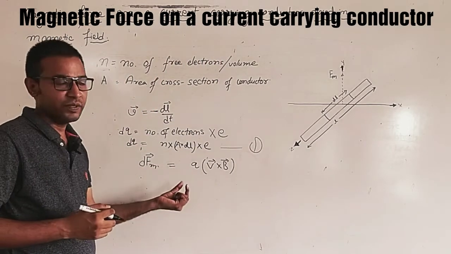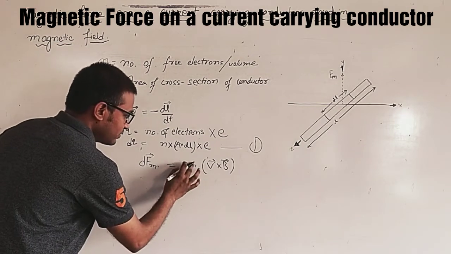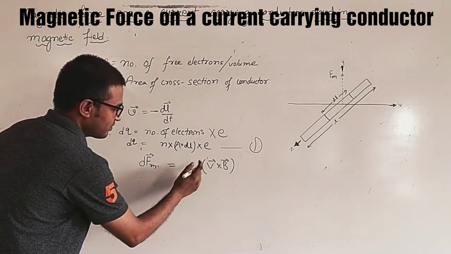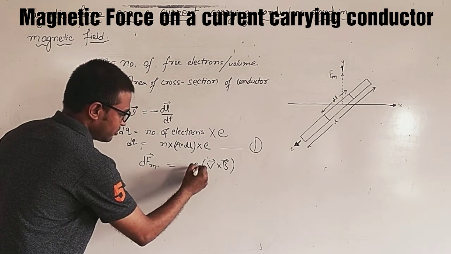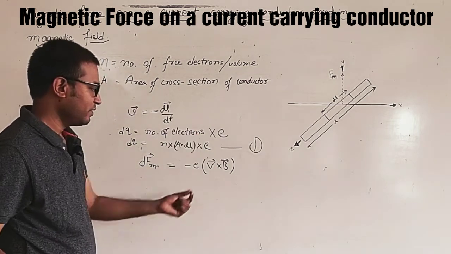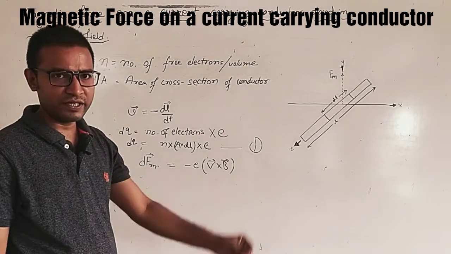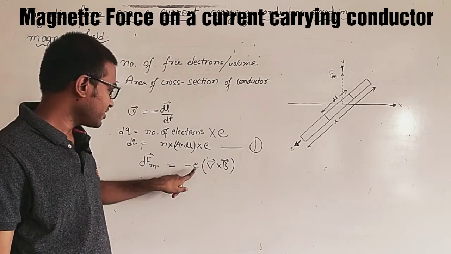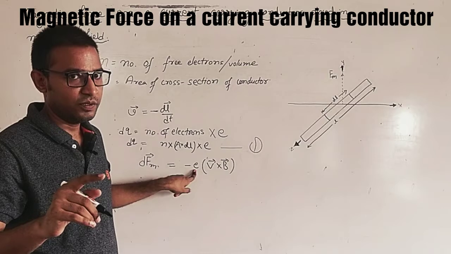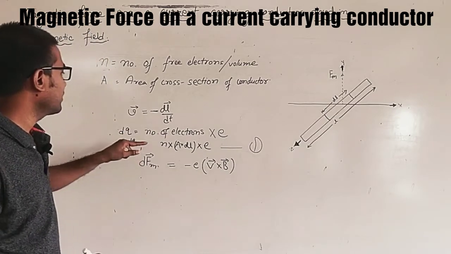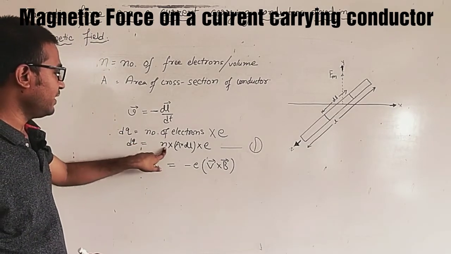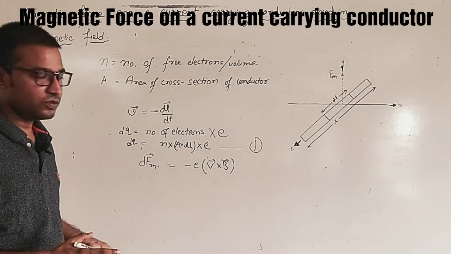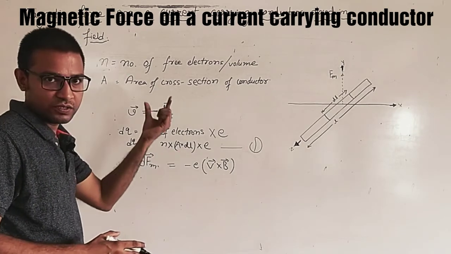So here we put the electronic charge with a negative sign. v is the drift velocity and B is the magnetic field. Now this is the force for a single electron, but the number of electrons is n into A into dl. The number of electrons is very large.